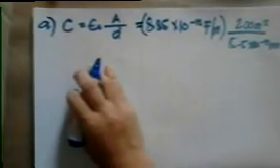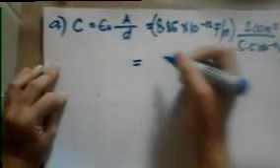C is equal to epsilon naught A over D, where epsilon naught is given as 8.85 times 10 to the negative 12 farad per meter, times our area, which is 2 meters squared, over the separation distance 5.5 times 10 to the negative 3 meter, since it is given in millimeters.